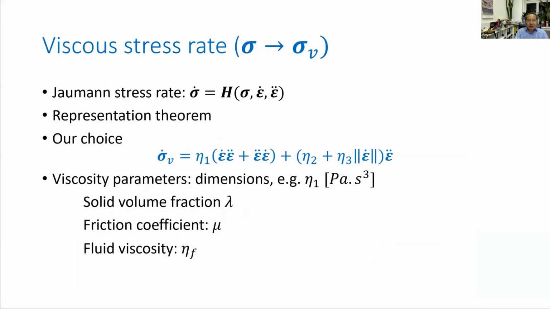All right, after we talk about it, we can say usually, this viscous part, we can write it as a function of the stress, the strain rate, and the acceleration, right? I can choose the expression. To do this, I can look for some possible expressions with the help of the representation theorems.